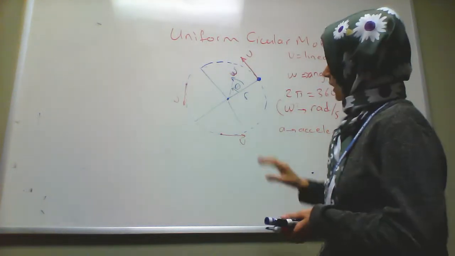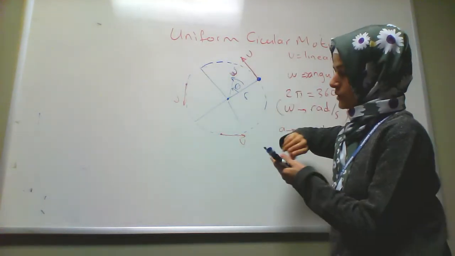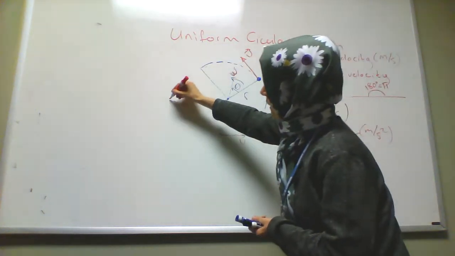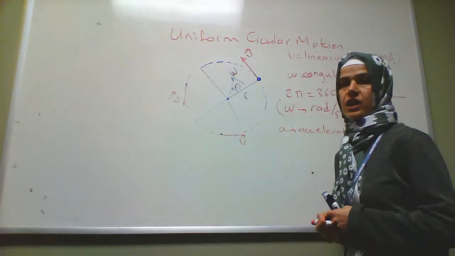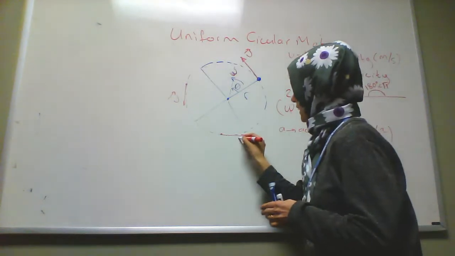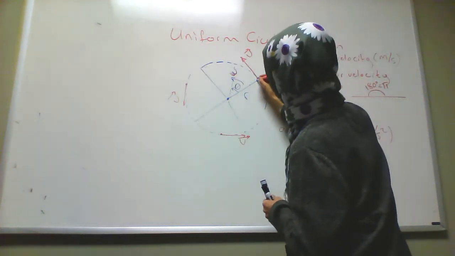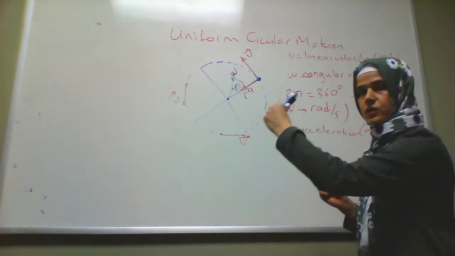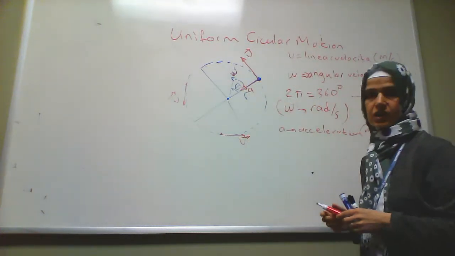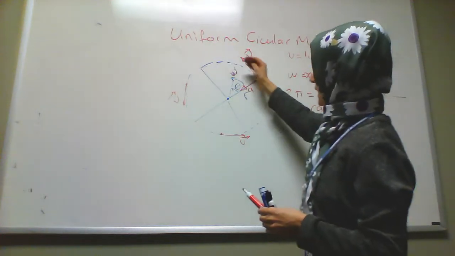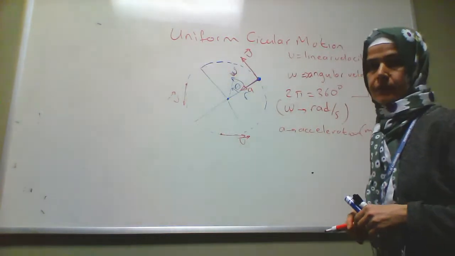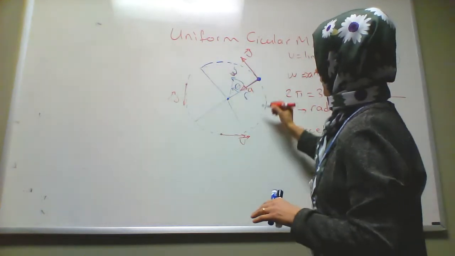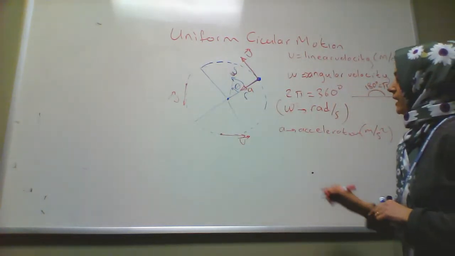The reason we have acceleration is that although the value of velocity is constant, velocity is a vector, and as you can see here, the direction of the velocity always changes. And the reason for this change is that there is an acceleration always towards the center, causing this velocity to change throughout the motion in direction, not in magnitude. So magnitude is always the same, but the direction is changing, and because of that we have an acceleration.